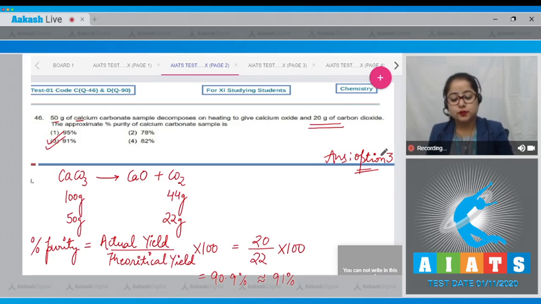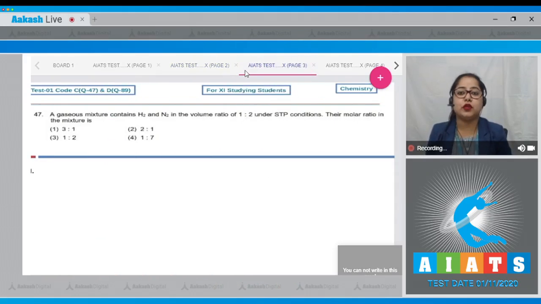Moving to next question, students, which is question number 47. Let's read the question. A gaseous mixture contains H2 and N2 in the volume ratio of 1:2 under STP conditions. Their molar ratio in the mixture is. So student, for this question, first of all we need to know that the number of moles is directly proportional to volume when the temperature and pressure is constant.